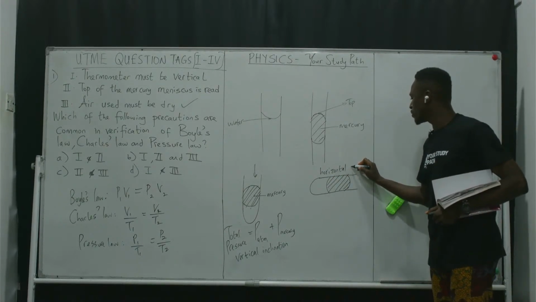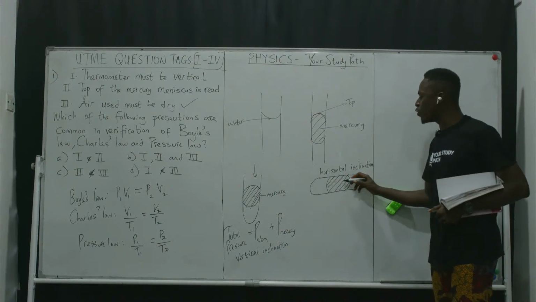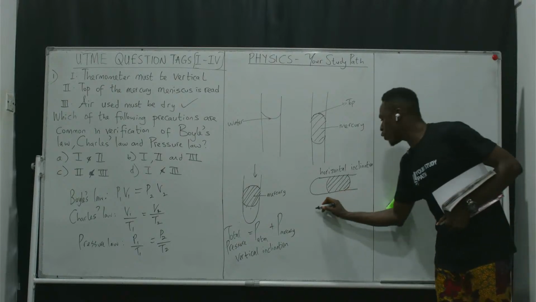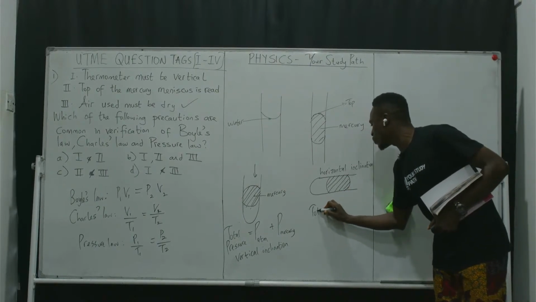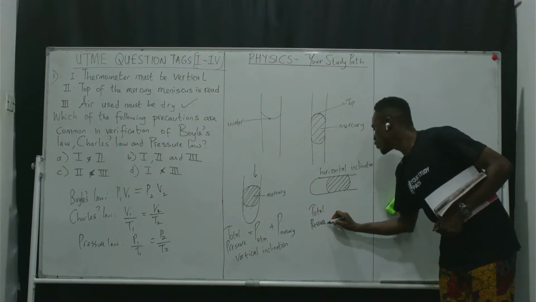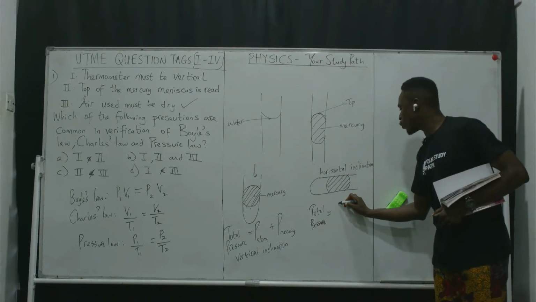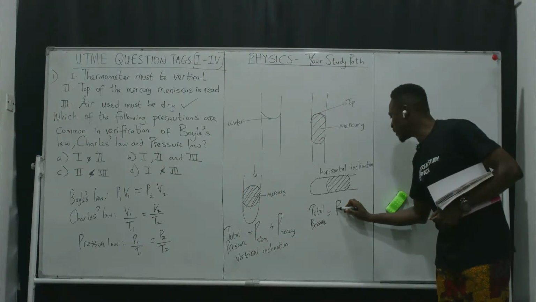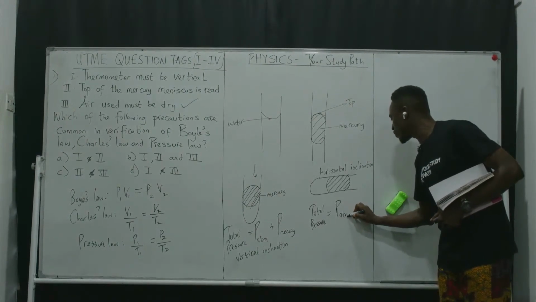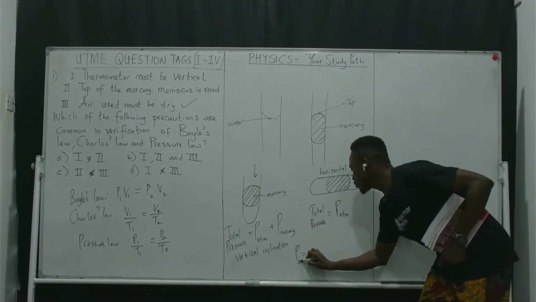And in the case of horizontal inclination, we always take it that the total pressure considered anytime you're making reference to horizontal inclination is such that the total pressure will be equal to what? P_atm, the atmospheric pressure.